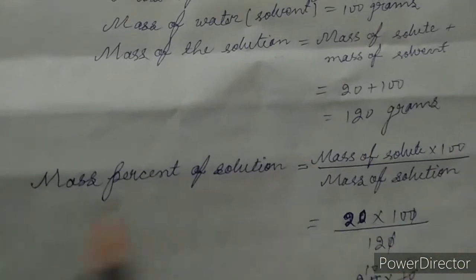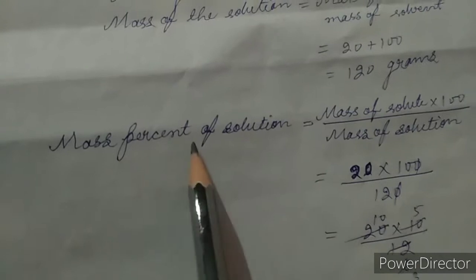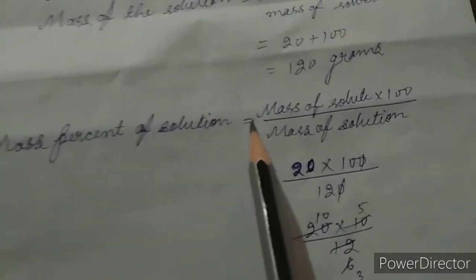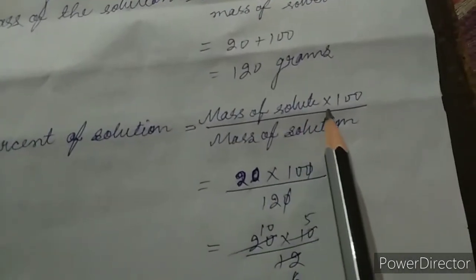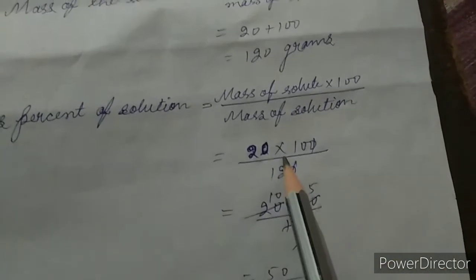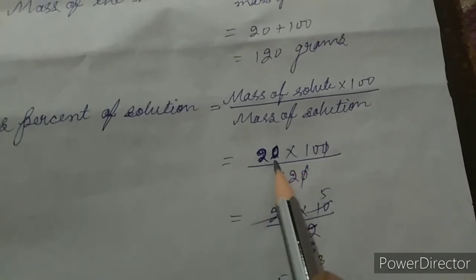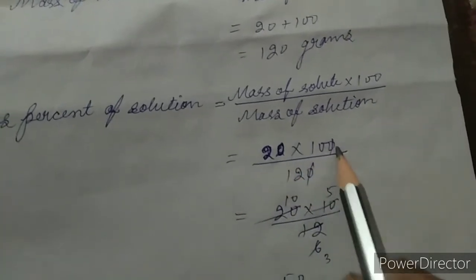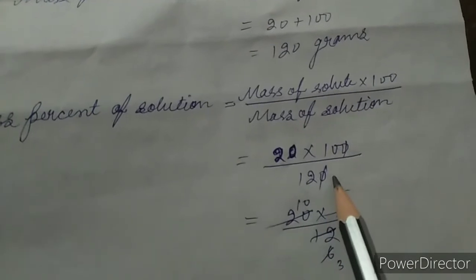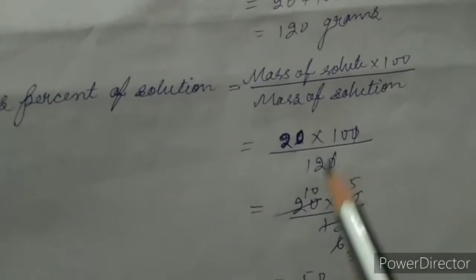Now we have the formula: mass percent of solution is equal to mass of the solute multiplied by 100 upon mass of the solution. When we put the values, 20 grams is the mass of the solute, multiplied by 100 upon 120 grams, the mass of the solution. So the zeros cancel.